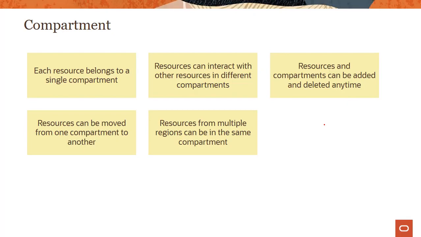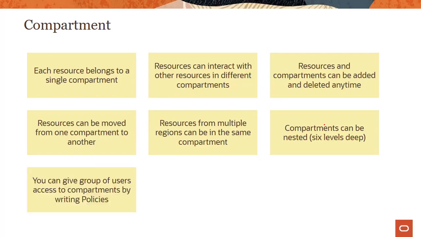A compartment is a global construct, so you can still have resources in multiple regions worldwide, and they go into the same compartment. You can have access policies, so people in different regions are restricted to resources in their specific regions. Compartments can be nested, as we looked at in the previous slide, 6 levels deep.